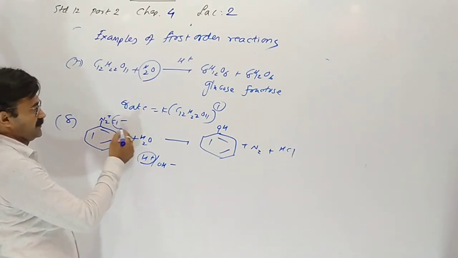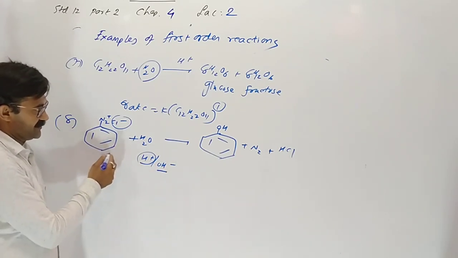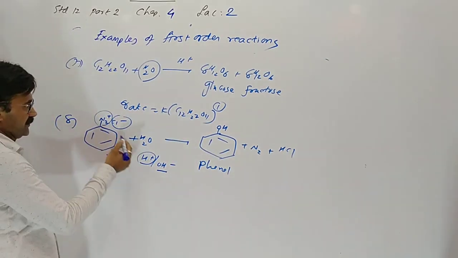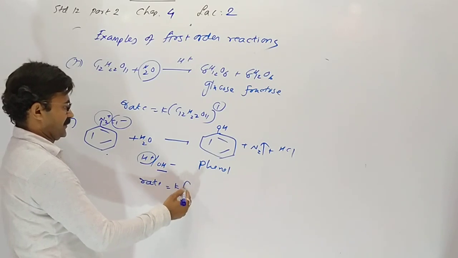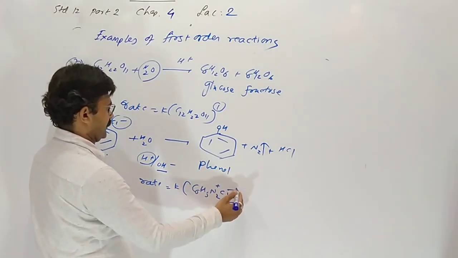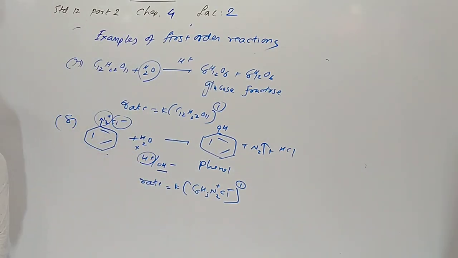H plus combines with Cl as HCl. OH combines with the benzene ring, so phenol, and the two nitrogens are removed as N2 gas. So here the rate of reaction is only depending upon the salt, not on water. So the order of reaction is 1.